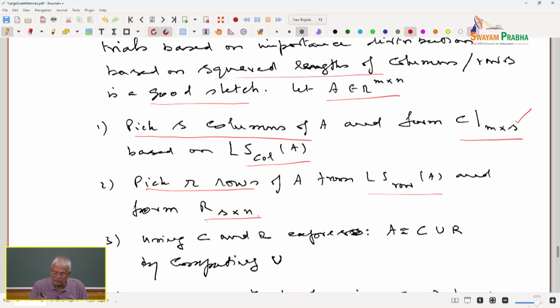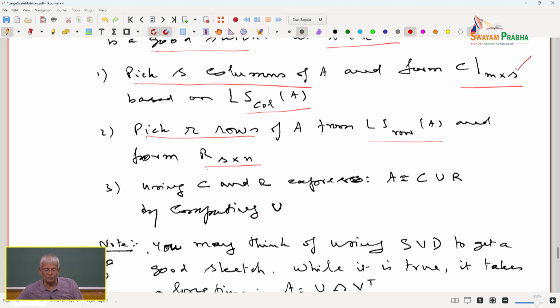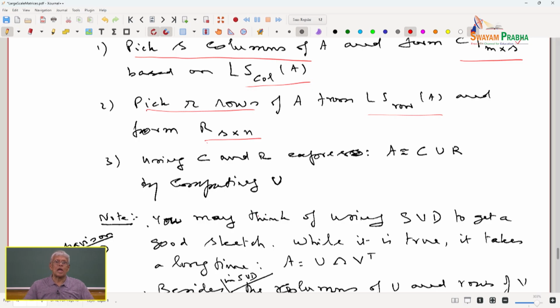Now, using C and R, so what is C? C is a submatrix coming from the choice of columns. R is another submatrix coming from the choice of rows. Now, I am going to represent a new type of decomposition.